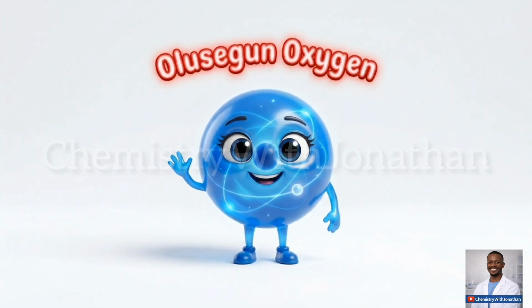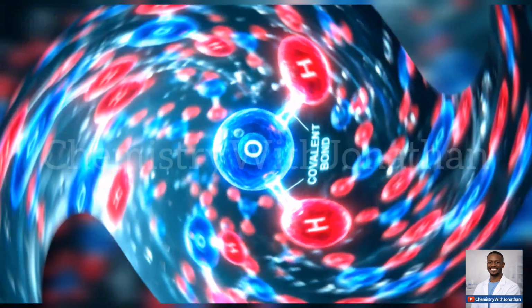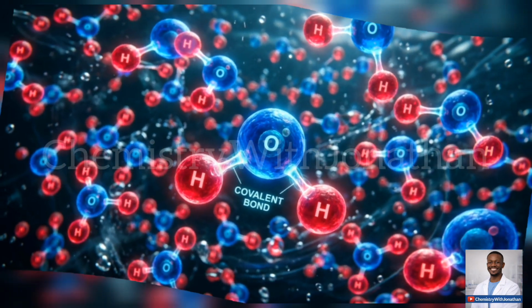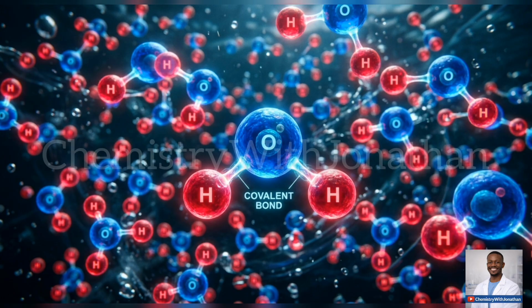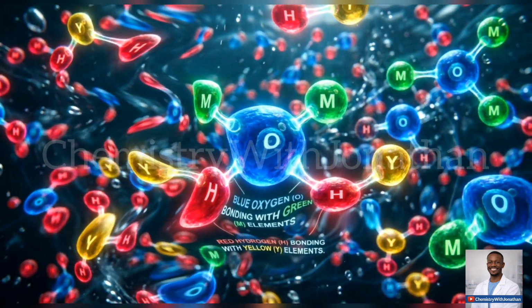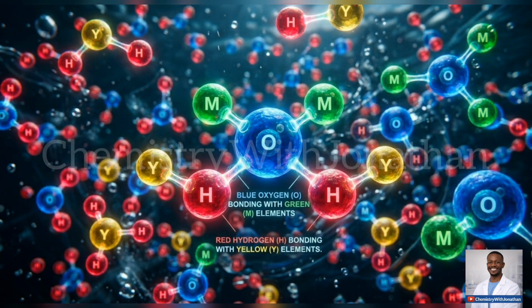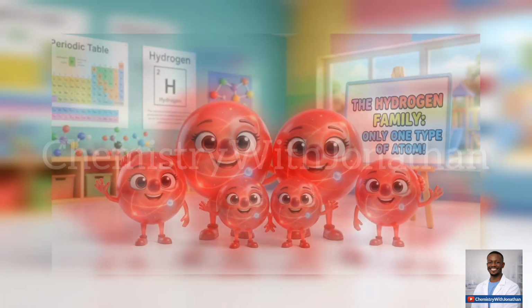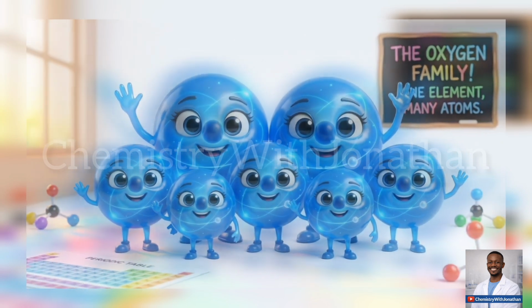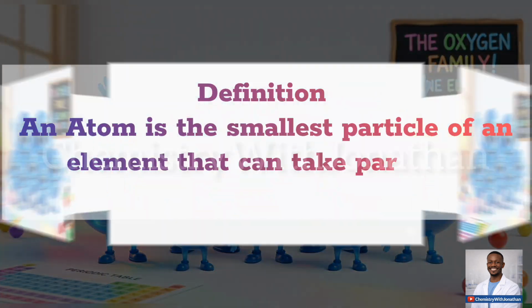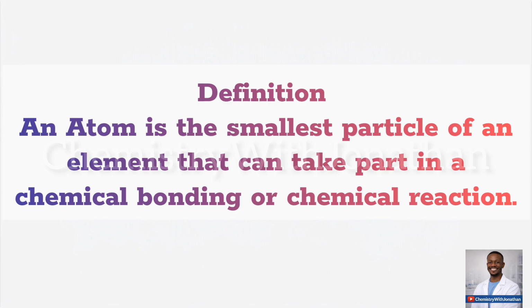They can relate, that is, bond with each other or other tiny balls in the tiny world. Tiny balls of the same color all behave the same way, a unique identity that shows that they belong to a family. An atom is the smallest particle of an element that can take part in a chemical bonding or chemical reaction.